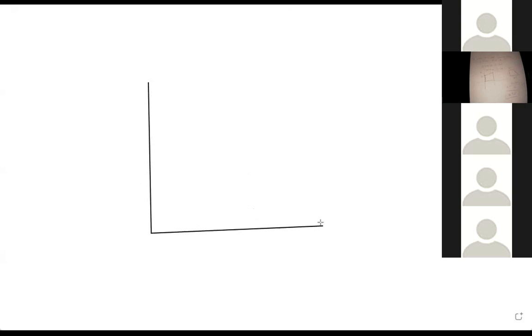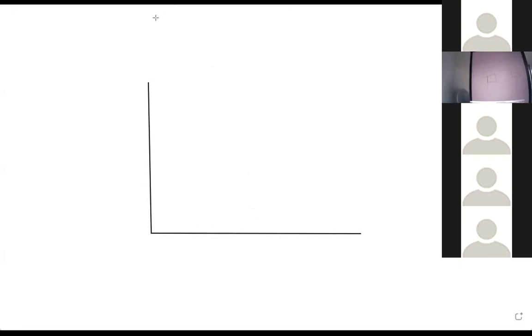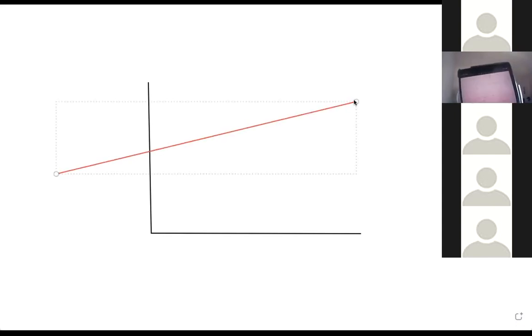These are X and Y axes. This is the first quadrant of the Cartesian plane, and that's where most of our graphs will be located, our area of interest. But the line, right, Brian, it goes like this, right?